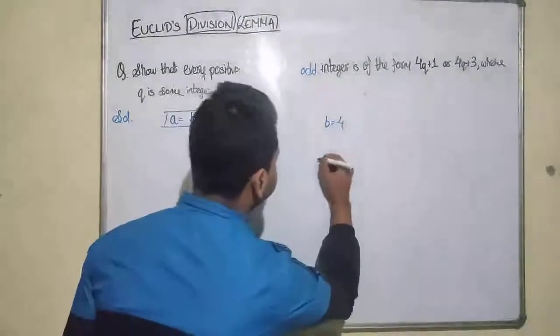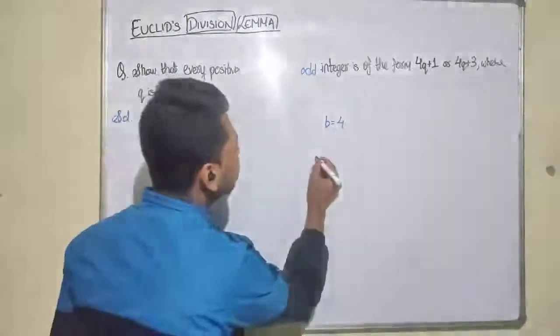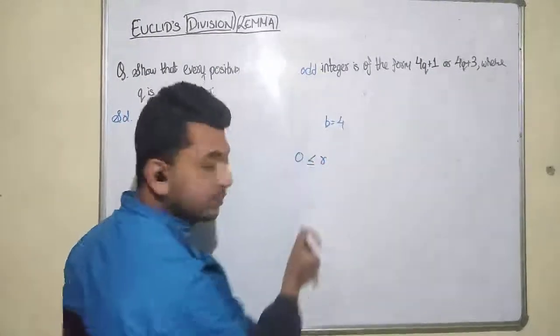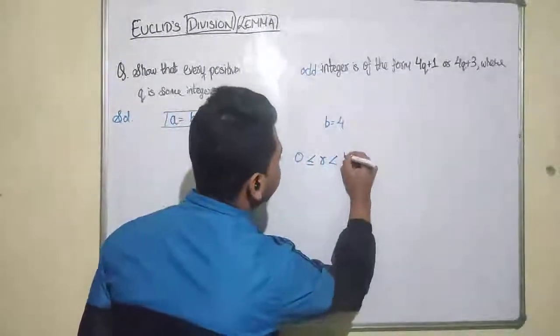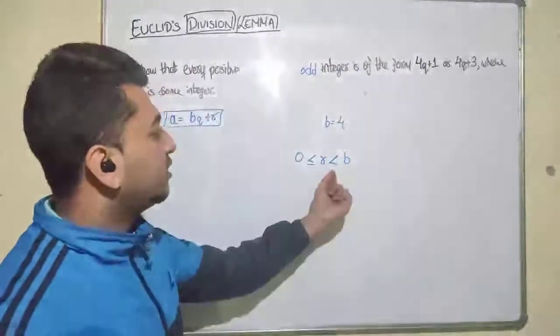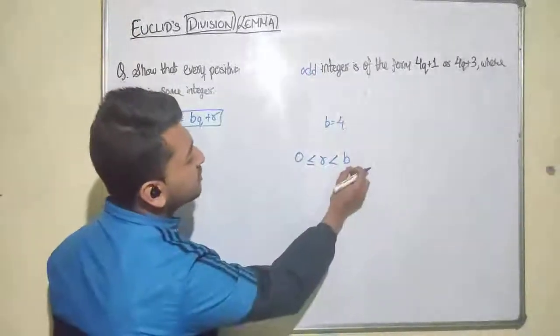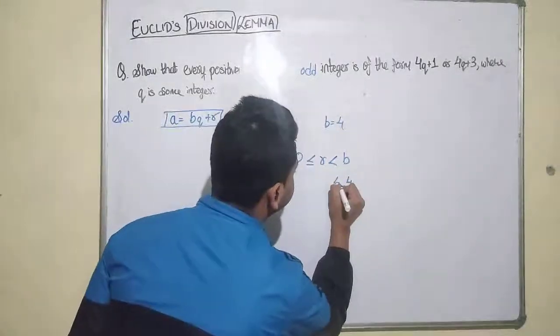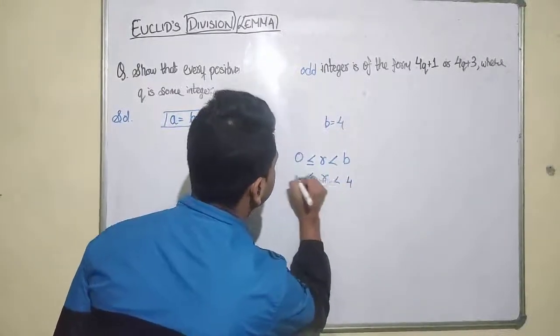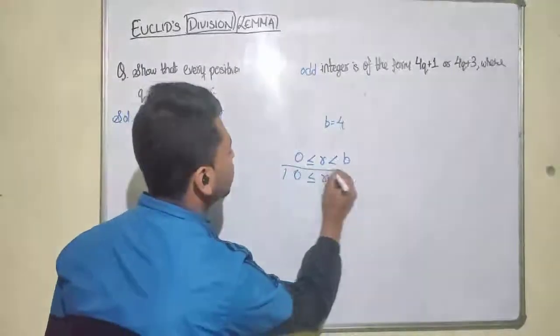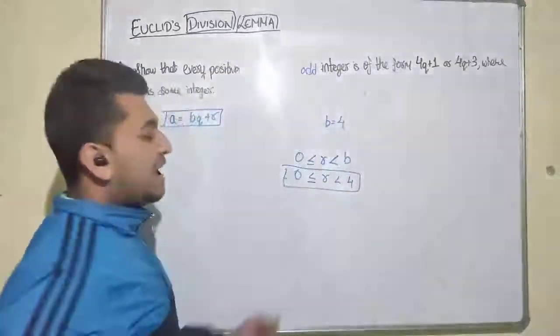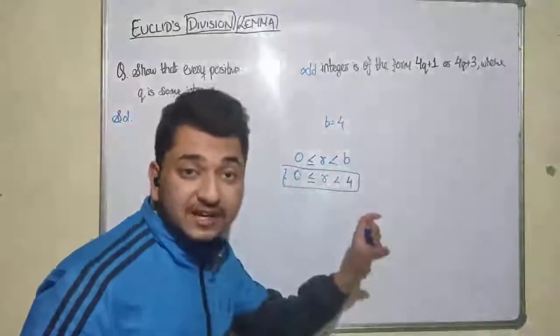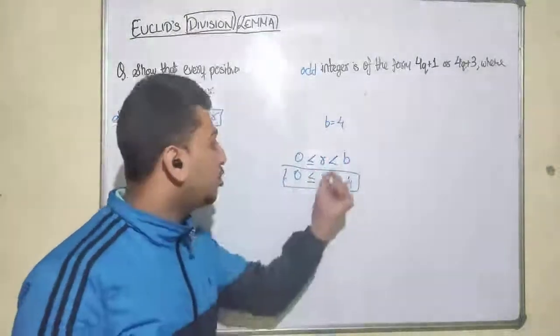So we will say r can be greater than or equal to 0, and we know this one, right? And smaller than b. So in place of b we will write 4. We'll just replace this one, right? So we know r can be greater than or equal to 0 and smaller than 4.